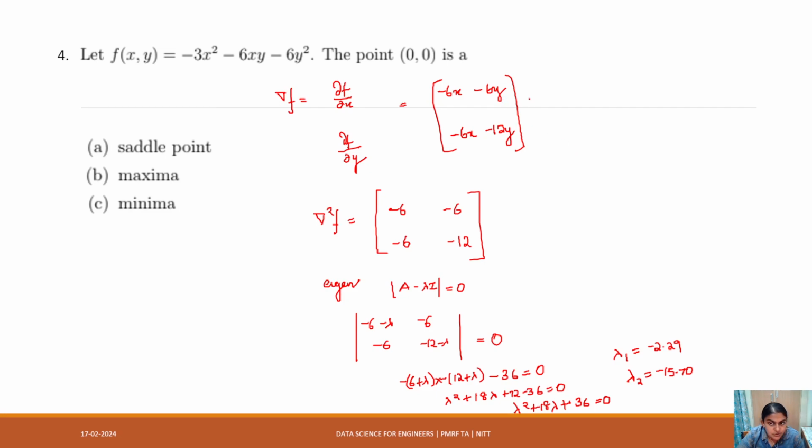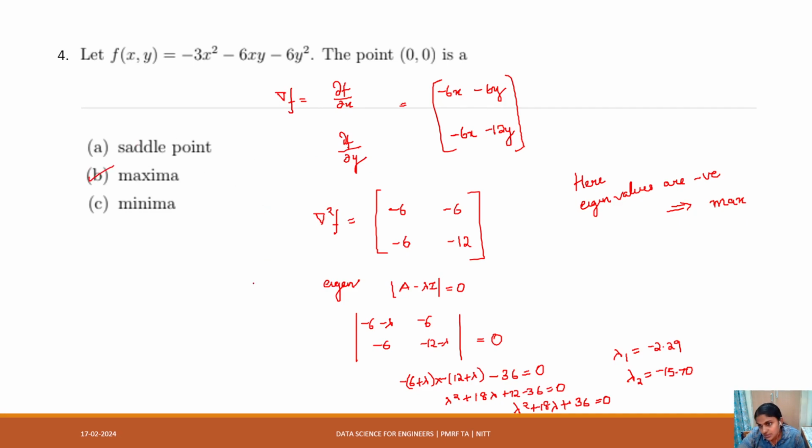Eigenvalues negative means you will be getting a maximum. So negative implies that the particular point is a maxima. The answer will be B.